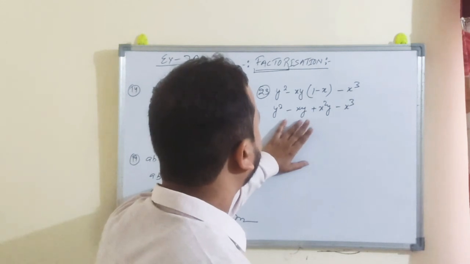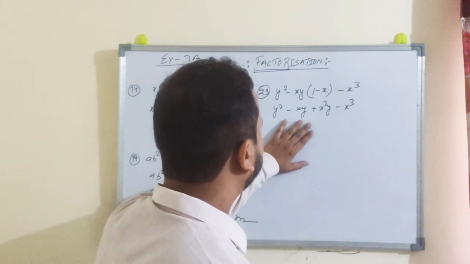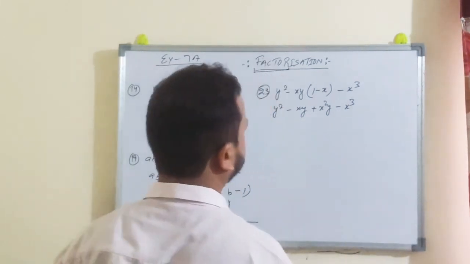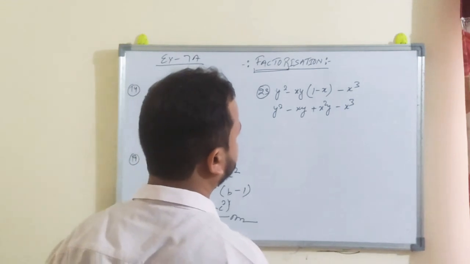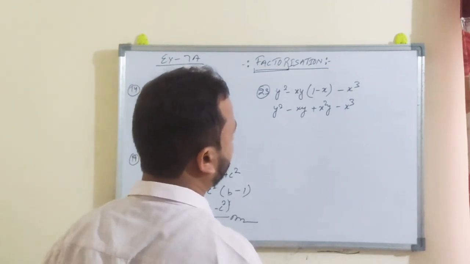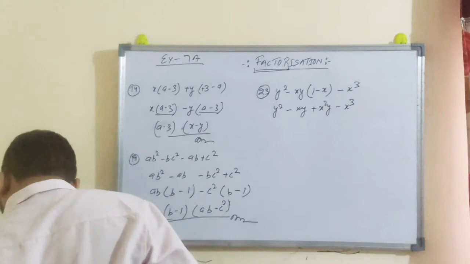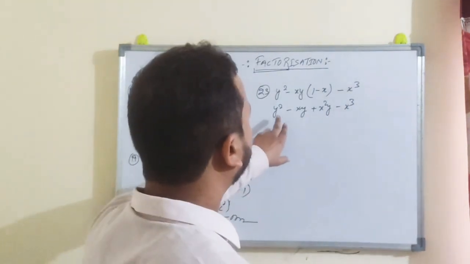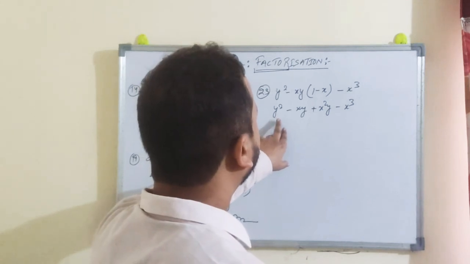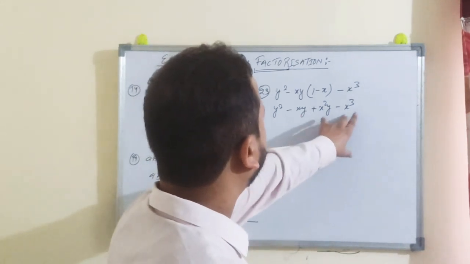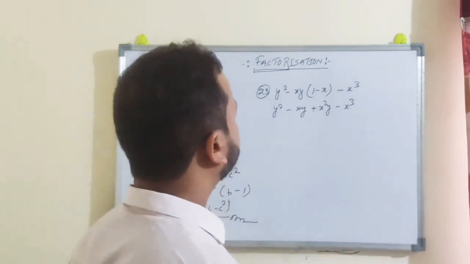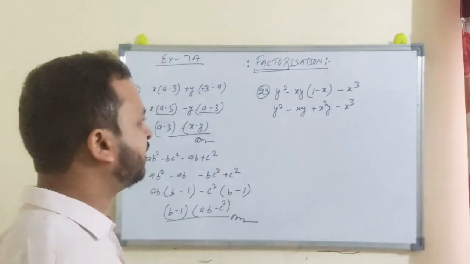Here x and y if you take common. So tell me how you are going to make the group.